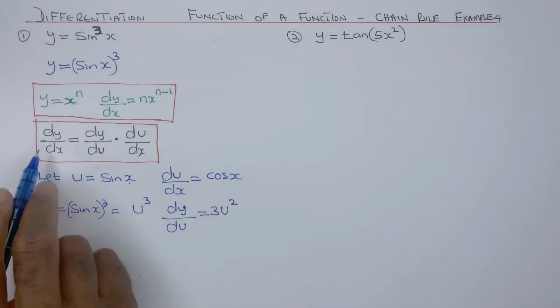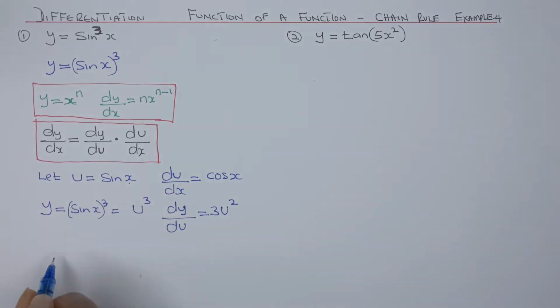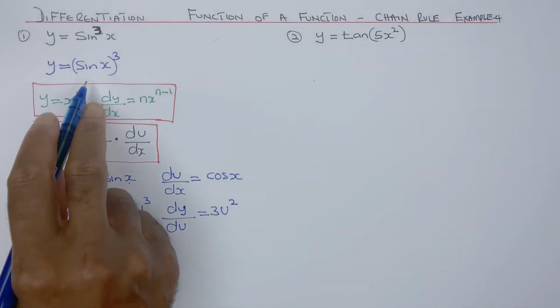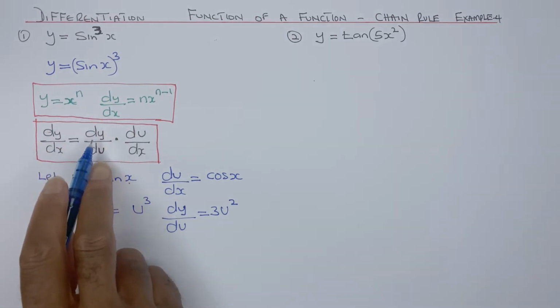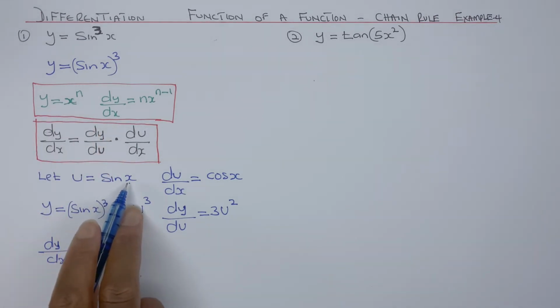Now, to apply the chain rule formula, dy/dx equals dy/du times du/dx. The dy/du is 3u squared, but I know what u is. u is sine of x.